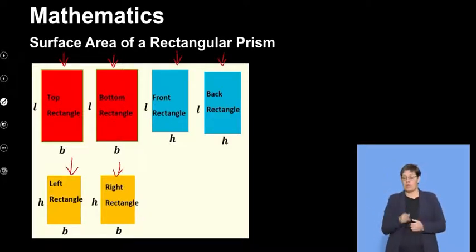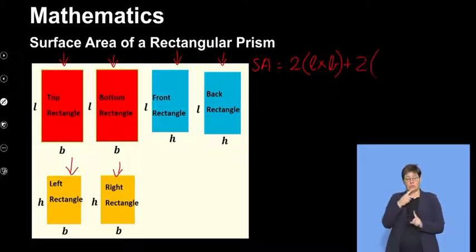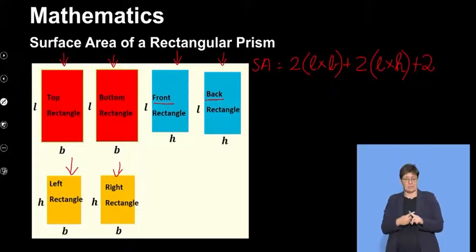So the surface area is going to be 2 times the area of the top rectangle, which is the same as the bottom. So it's 2 times length times breadth, plus 2 times the area of the front and back rectangle, which are each length times height. And then I'm going to add 2 times the area of the left and right rectangle, which are both height times breadth. And that is my formula for the surface area of a rectangular prism.